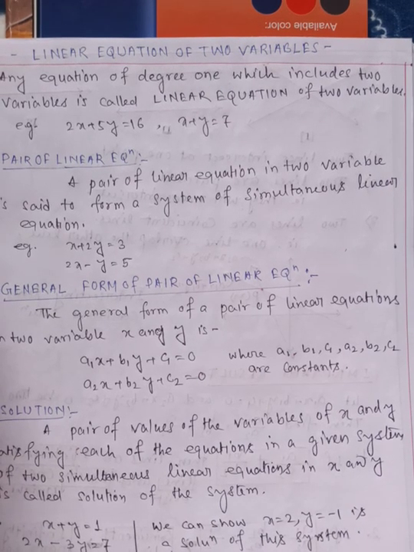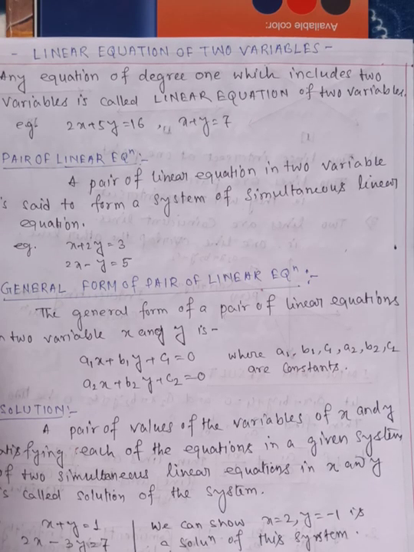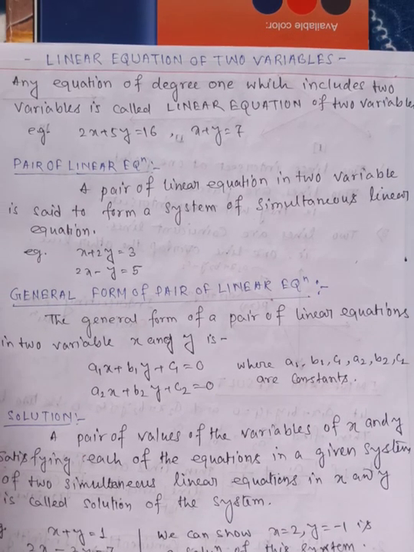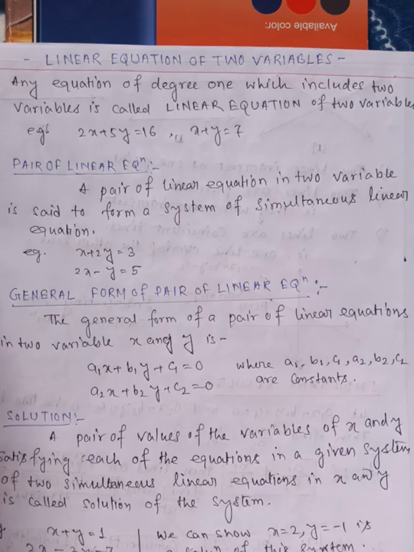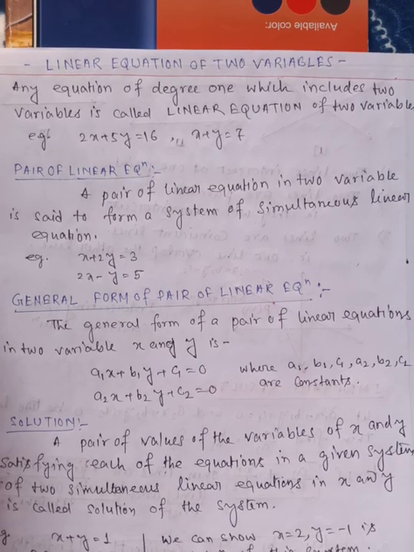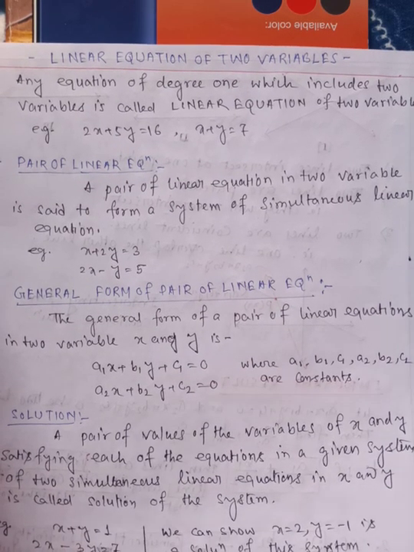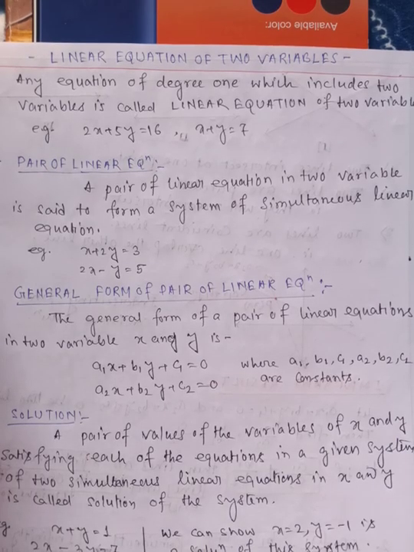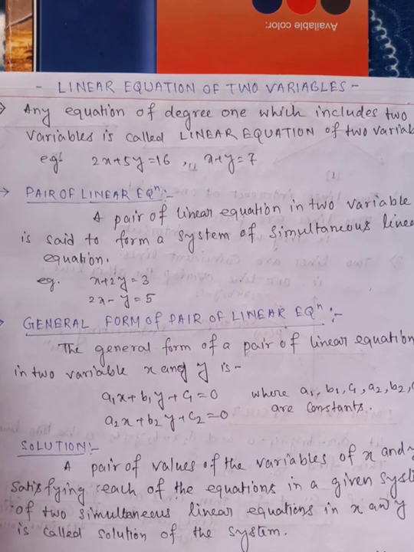So let's get started. Firstly we have to know which type of equation we are going to study: linear equation of two variables. I think in your previous class, class 9, you already learned, but now we are revising that.